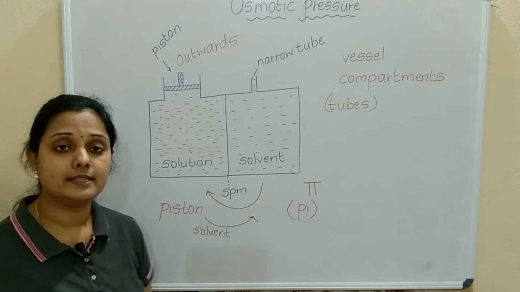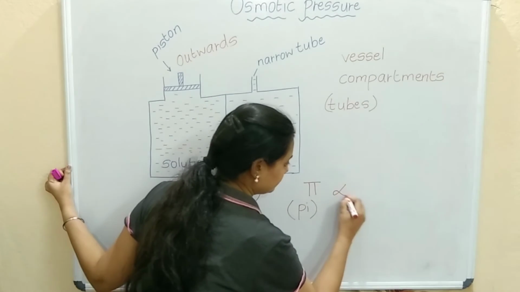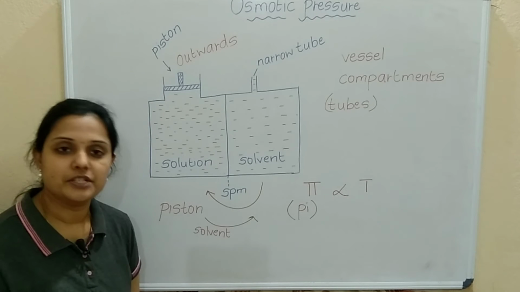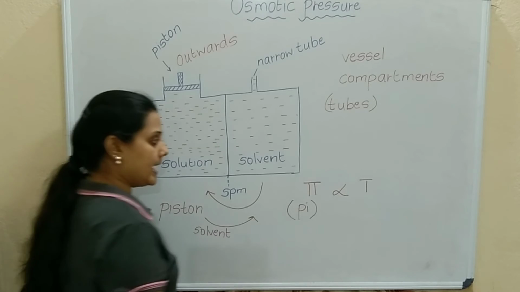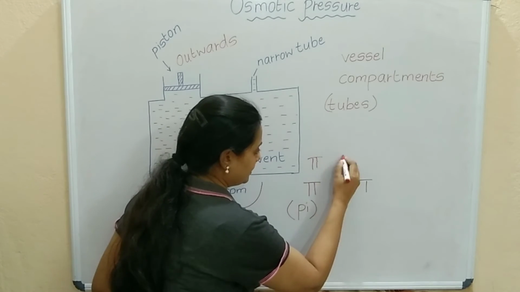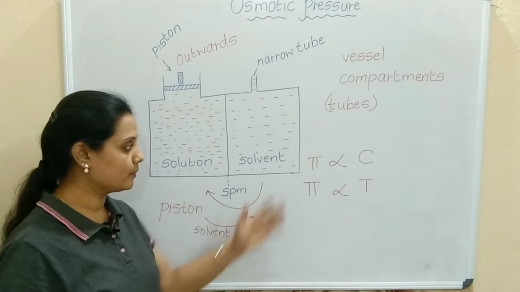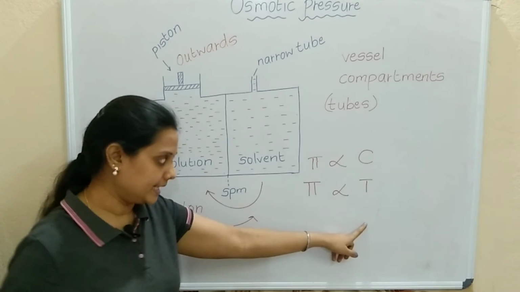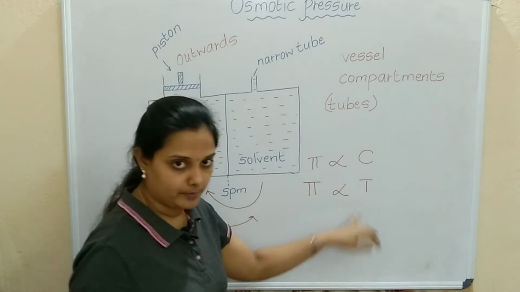This pi is directly proportional to temperature. Correct? Osmotic pressure is directly proportional to temperature. It is directly proportional to concentration also. So, pi is directly proportional to C, pi is directly proportional to T. C is the concentration, T is the temperature.